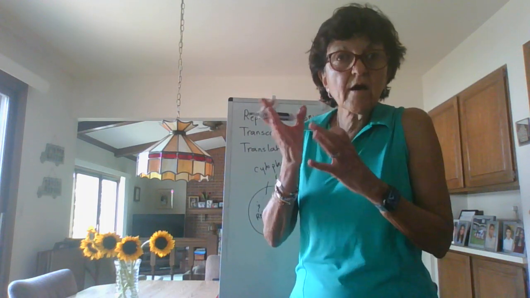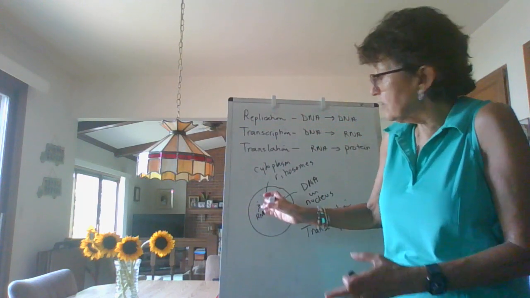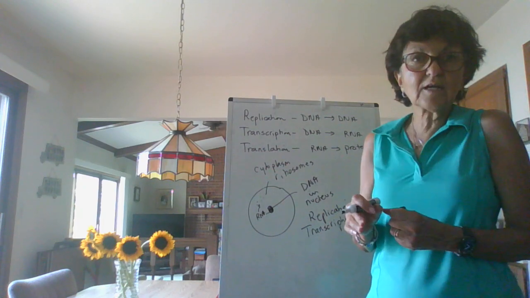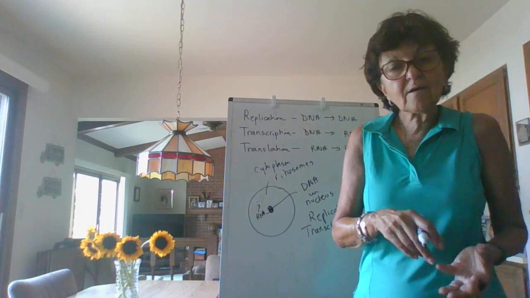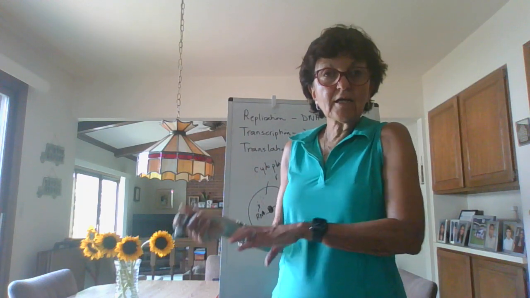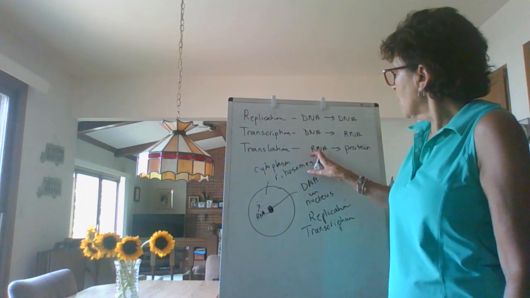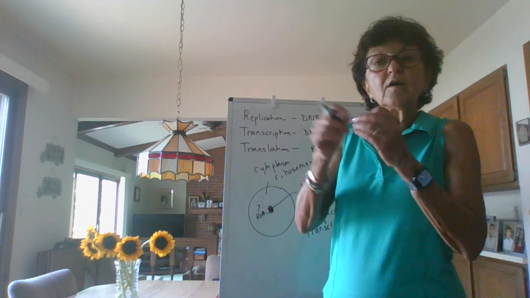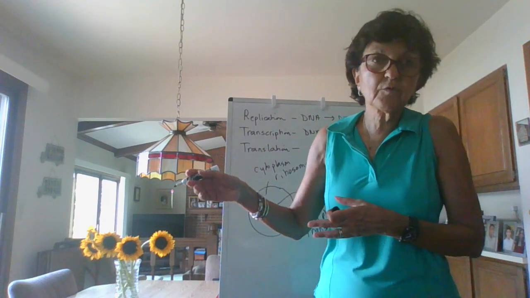And then that RNA can leave the nucleus and go to the cytoplasm where the ribosomes are, and we can do translation. And what is translation? That's when you translate nucleotide language and turn it into amino acid language. So you're turning your RNA information into a strand of amino acids that will eventually become a protein.